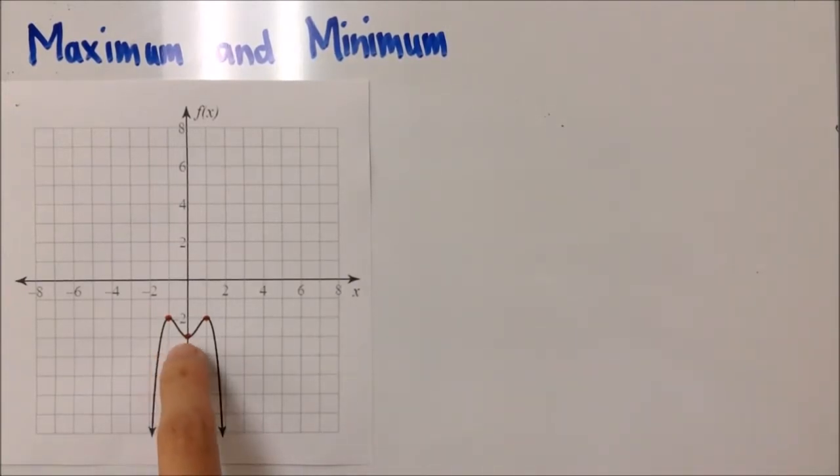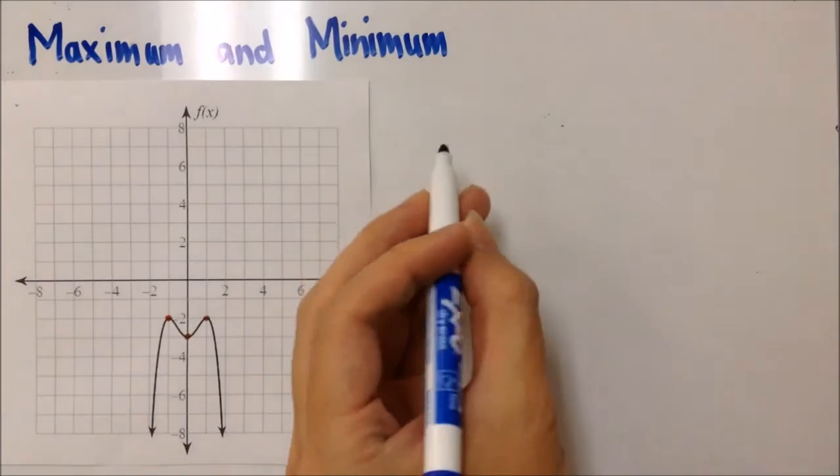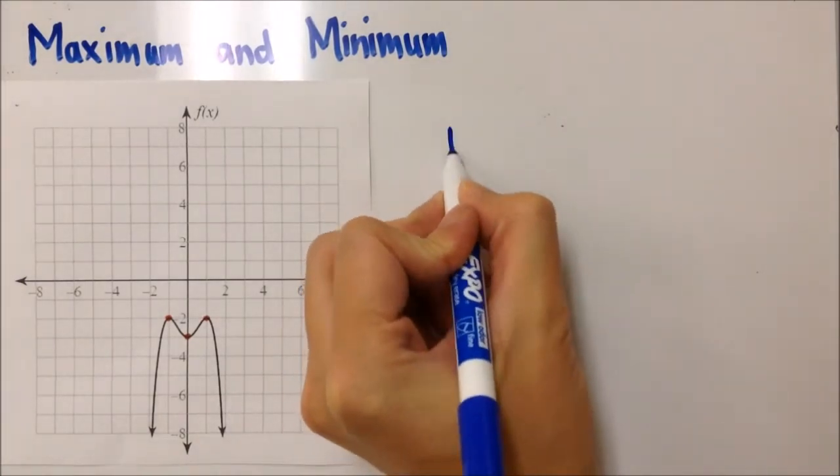I will start off with the middle one because there's only one at the bottom, the lowest value. So that one is the minimum. Since there is only one lowest value or least value, that means it's going to be one minimum. So this will be classified as a relative minimum. For relative minimum, I'm going to just write it right here.